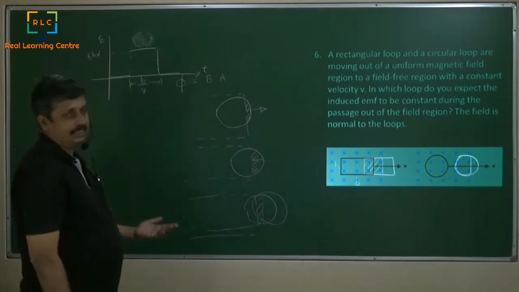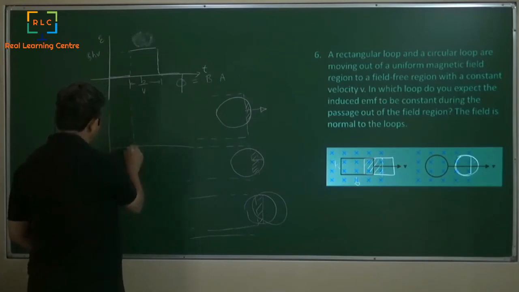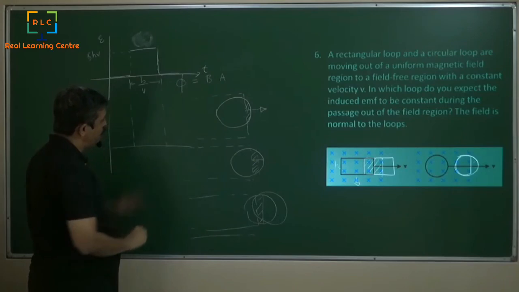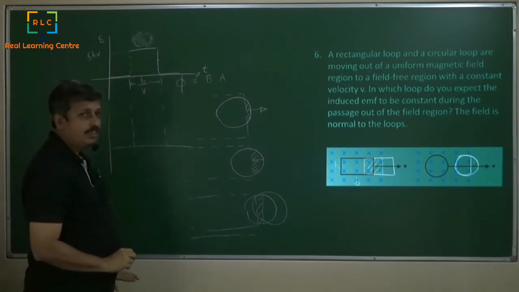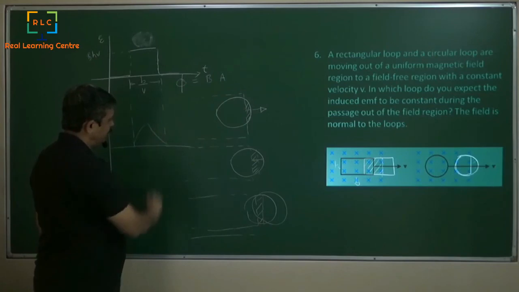So if I want to plot that, until it goes out it is 0 only. Later also it will be 0, but in between it will not be constant. Initially it is increasing, and later it is actually decreasing, like this.